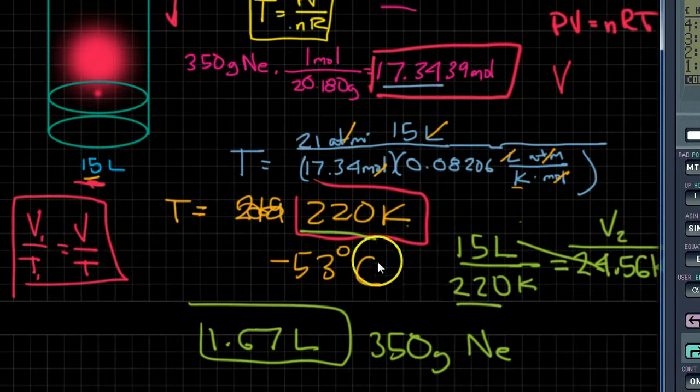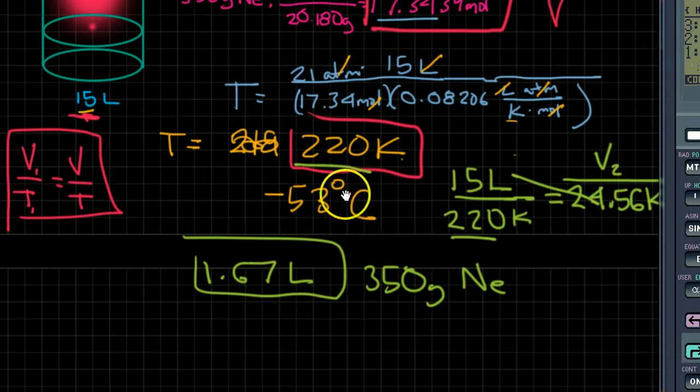Now we could do the same thing and run it the other way. What happens when I bring this up to room temperature? What kind of pressure am I going to be dealing with? That could be an interesting question. Making up your own homework is so much cooler.